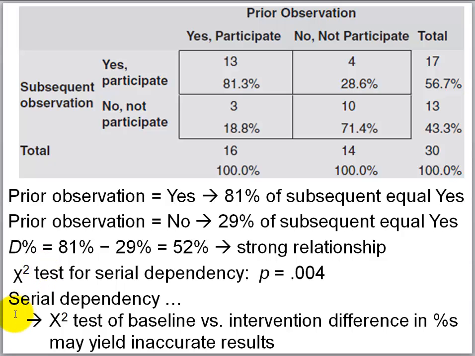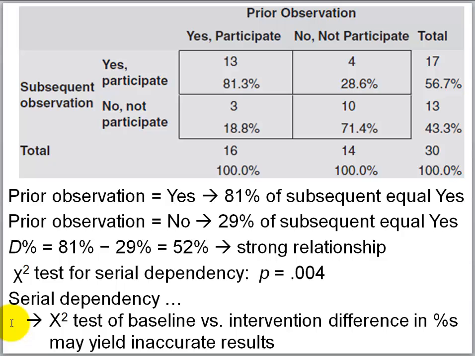If you have serial dependency in your data, such as is the case in this particular example, then your tests of baseline versus intervention differences may be inaccurate. So you have to be alert to the possibility of serial dependency. If you've got serial dependency, you've got to use a significance test that's much more complicated than those presented here.